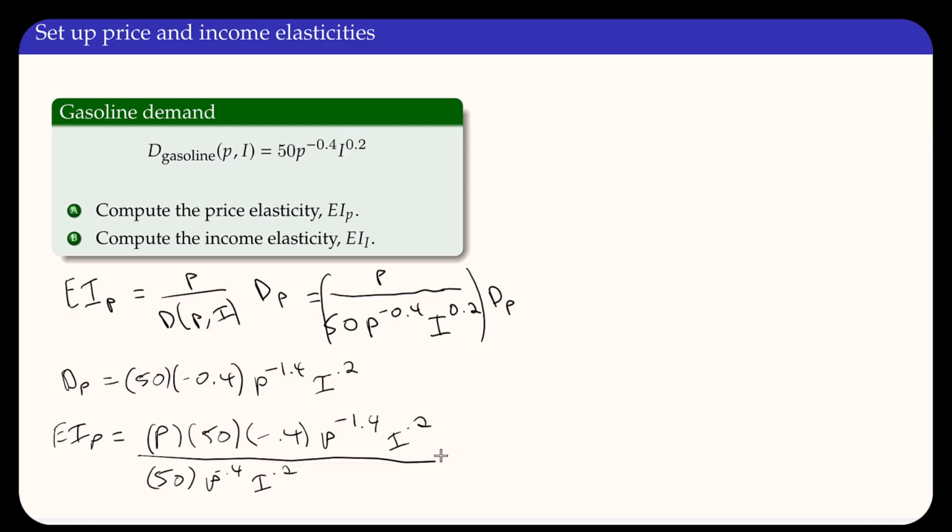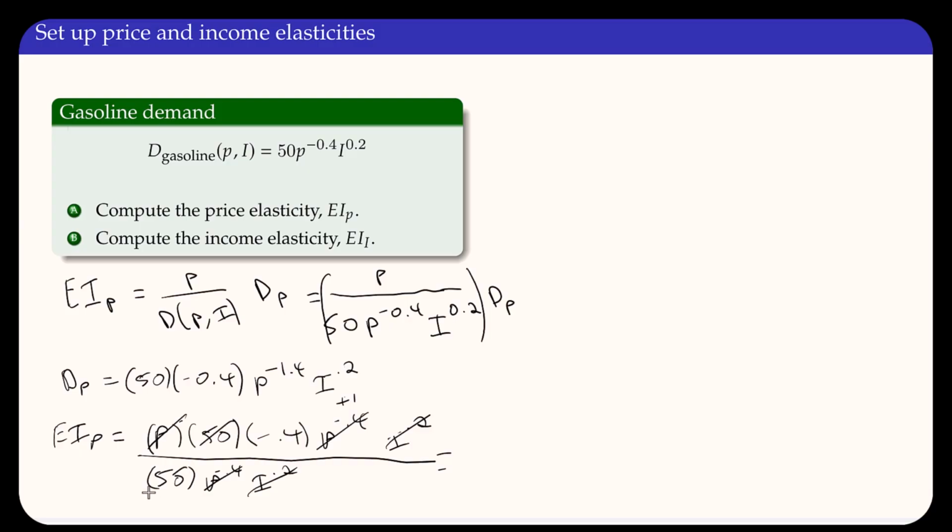And if we simplify this, where we've got a P here and a negative 1.4 P there, I can scratch this one out and then add 1. I've added 1, and then they're going to sort of cancel each other out.